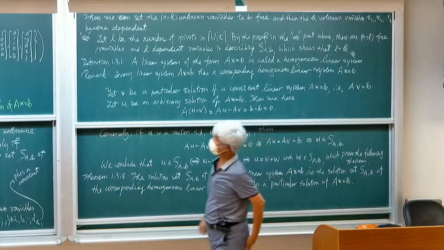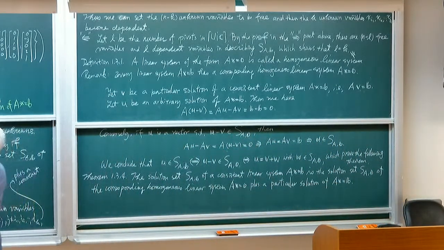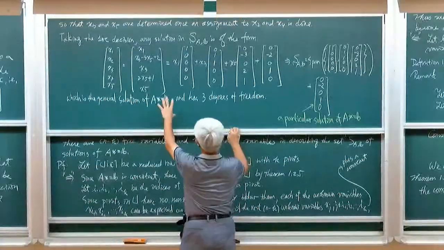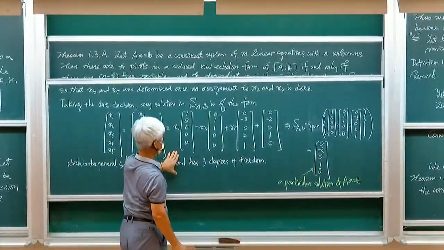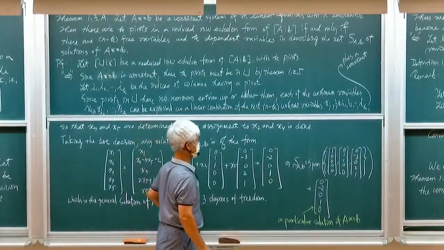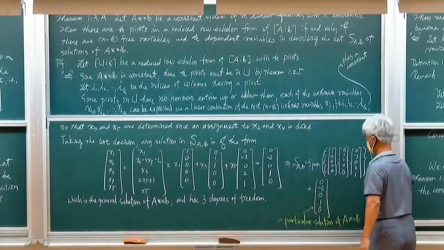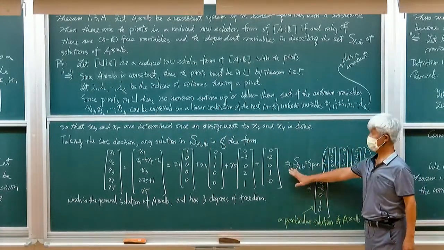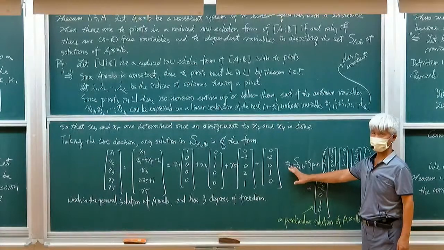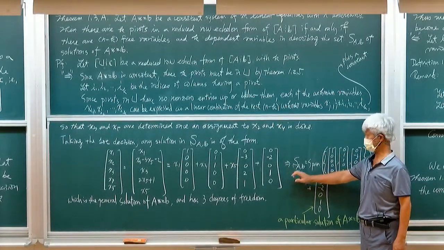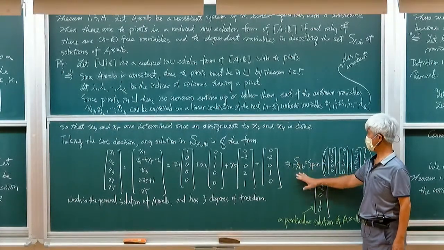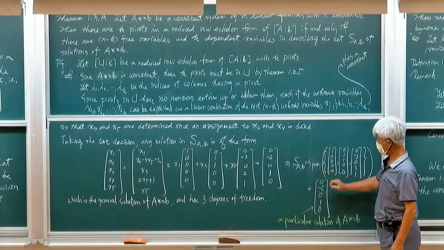If we go back to see here, we will see that this is the solution set of our inhomogeneous linear system, Ax equal to B. So it consists of two parts.